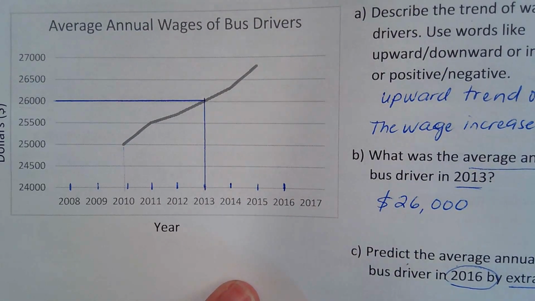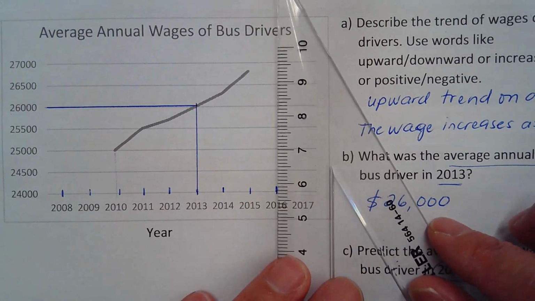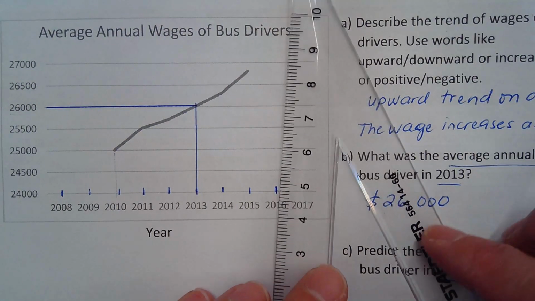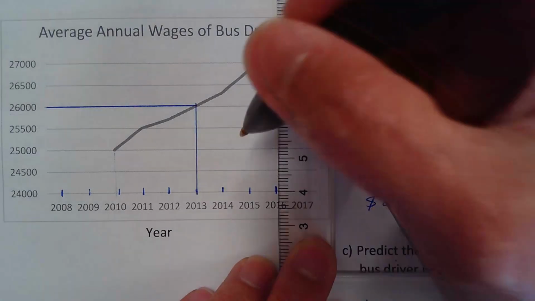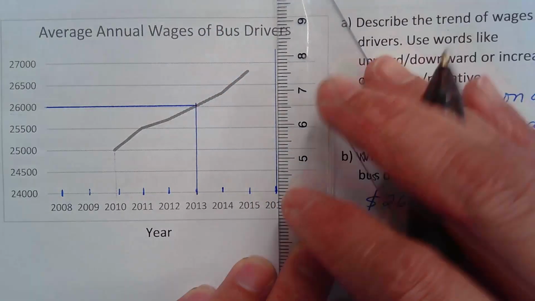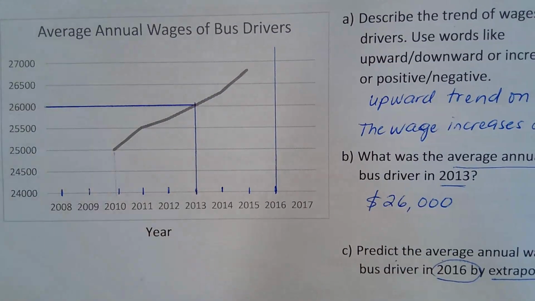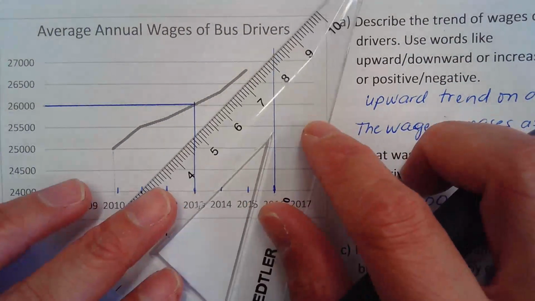Okay, now we gotta draw a straight line up. We're gonna make some predictions. How do we predict this part here?